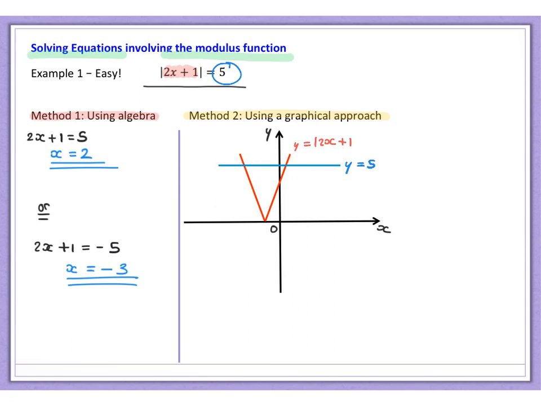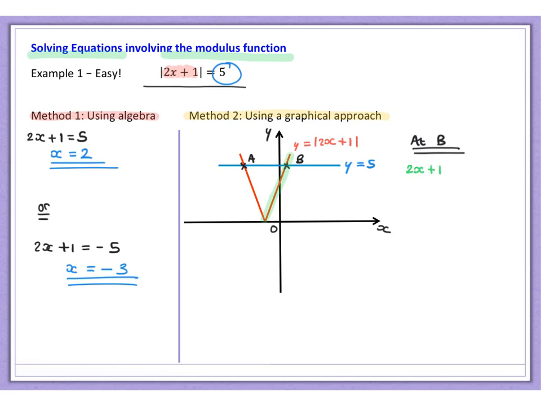Now, having solved the equation algebraically, this makes sense. Let's have a look at the 2 points of intersection in a little bit more detail. I'm going to call this one A, and I'm going to call this one point B. Now, at point B, we know that this portion of the graph, which I'll highlight in green, like that, is the graph of y equals 2x plus 1.